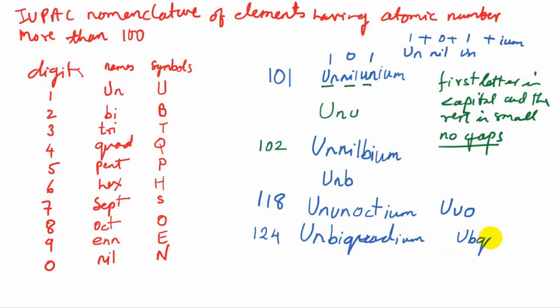Is it clear? Now let's take the other way. Suppose I say an element, and that element is UNO.